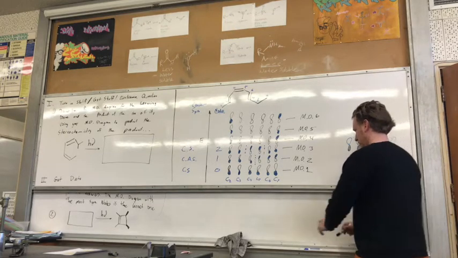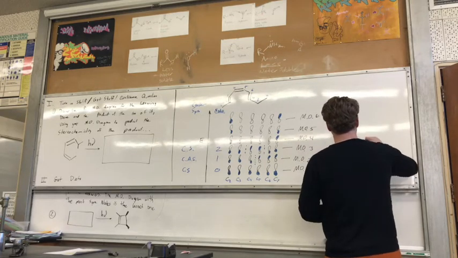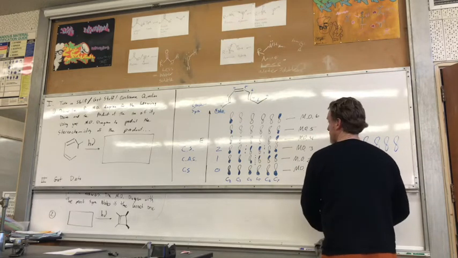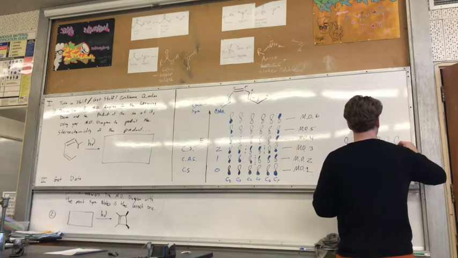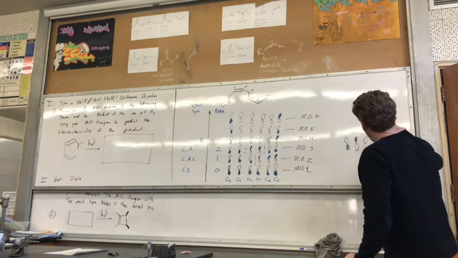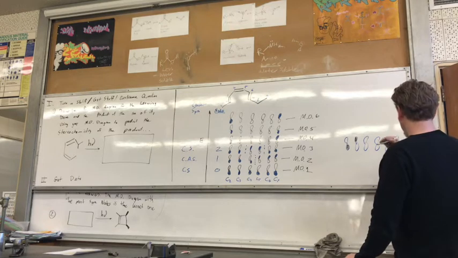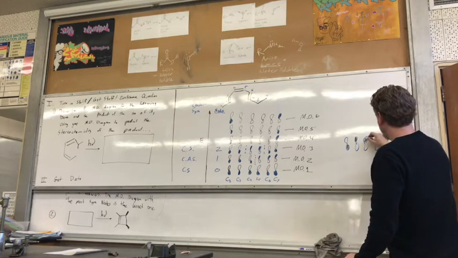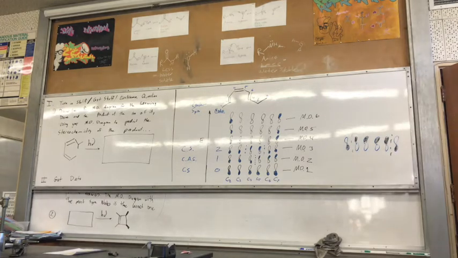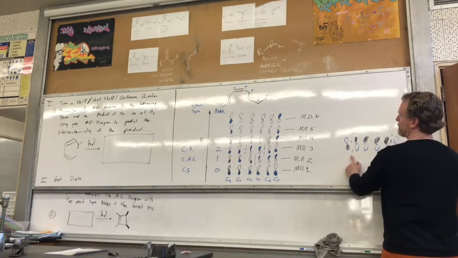Try again. There we go. So that is another way it can be done to have center symmetry, 2 nodes.